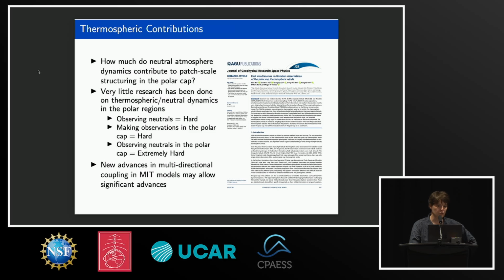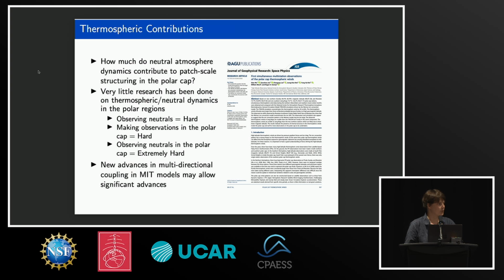So thermospheric contributions. There are, from my view, some very open questions, such as how much does the neutral atmosphere contribute to patch scale structuring? And some research has been done on this topic, but not very much, certainly not as much as patch dynamics from the magnetospheric perspective.